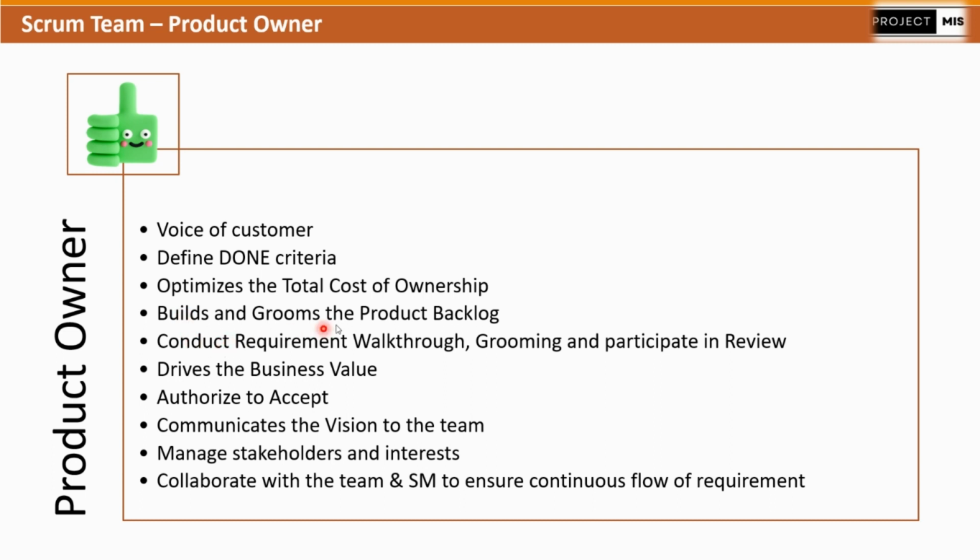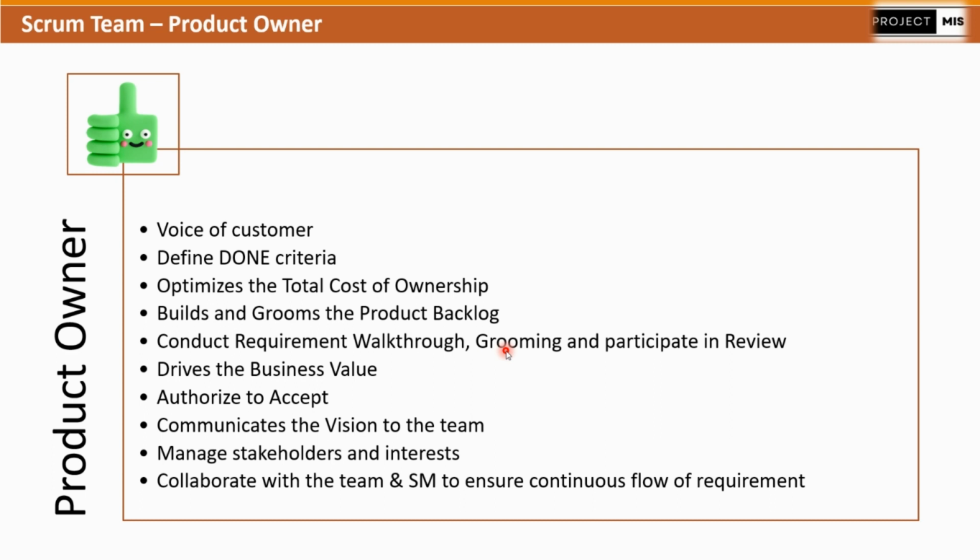Product owner conducts requirement walkthrough, grooming and participates in review. So conduct requirement walkthrough. He will be having a call with the customer, understanding the process, what is the requirement from the customer, what is the as-is state, what is the to-be state. Based on the discussion, they capture the requirement in the form of backlog.